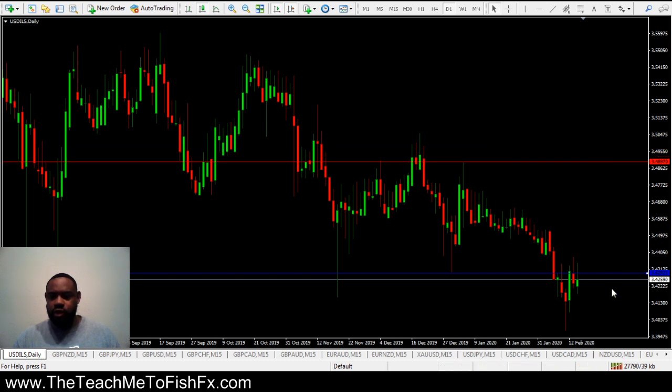So what we basically have is price came down and was bouncing in this range. We do see where these candles have actually broken this resistance, but they didn't get up far enough to come back to test it as support.